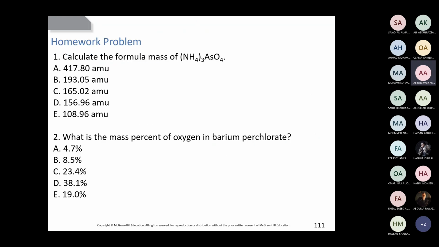Let's solve the first problem. This is the homework problem that we gave you, and you're supposed to submit it by Sunday. Quickly tell me what's the answer for the first one. It should be very easy, extremely easy. I need an answer from everybody, just give me the final answer.